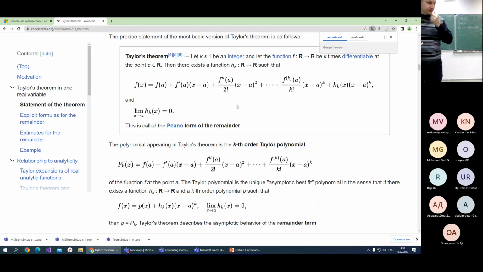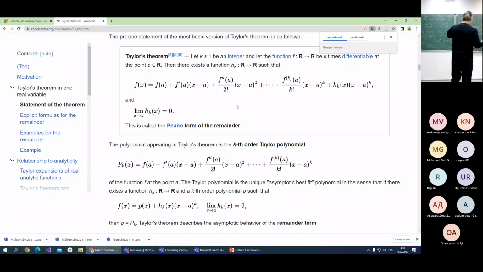But why did you write x plus h? I didn't understand. Yes, we have x here, but here x minus a, and f of a. It means that here we compute at the point x.